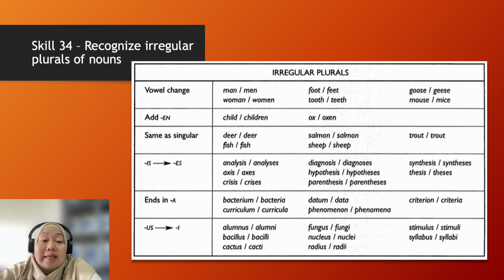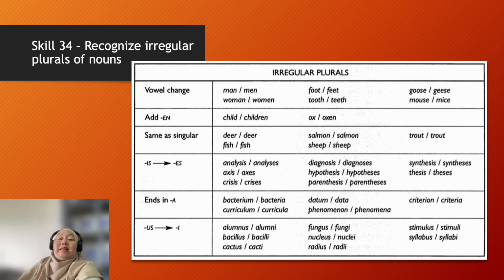The first one is vowel change. So there are pluralizations which involve only a vowel change from the singular one. For example, man and men, woman and women. Okay, foot, feet, tooth, teeth, goose, geese, mouse and mice.